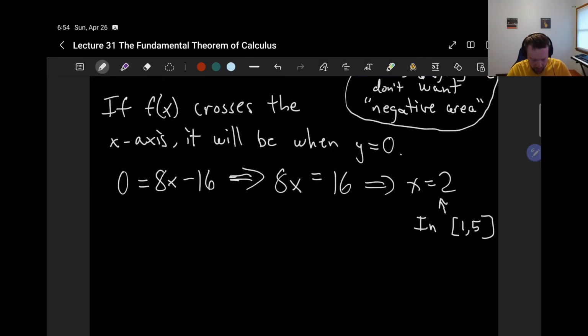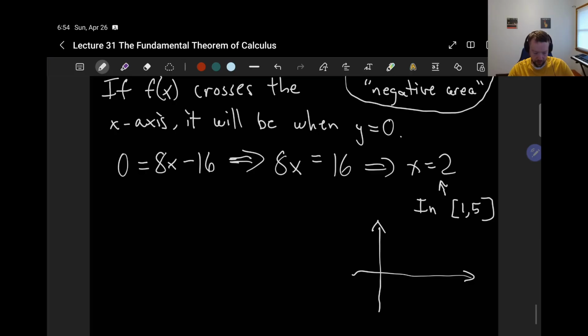So now that we have a bit of an idea of what's going on, let's sketch a graph. I'm not going to be too precise here, but if I'm graphing y equals 8x minus 16, it means I have a very low y-intercept and a pretty steep positive slope of 8. So let's just make this a rough sketch.